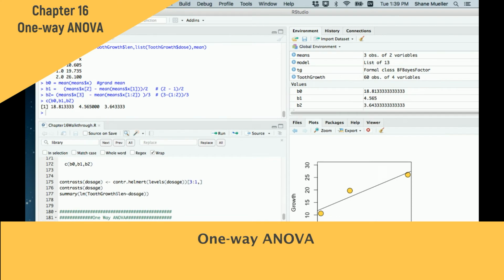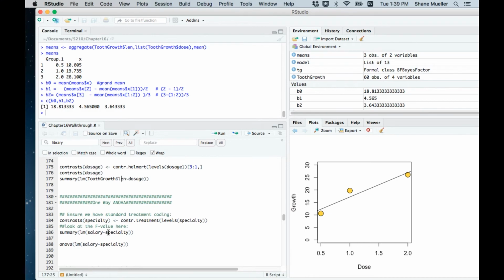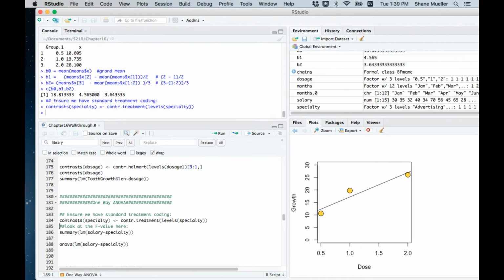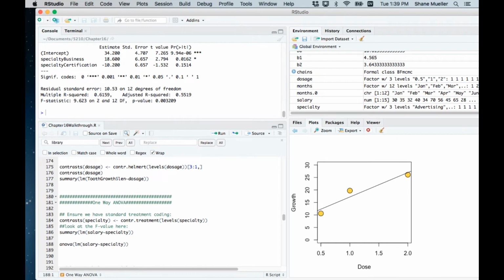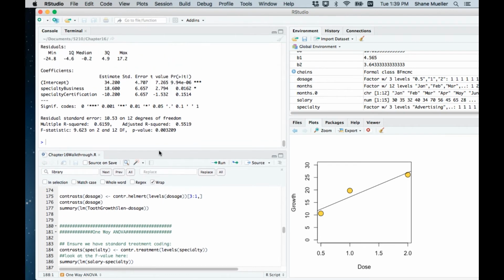So when I showed you before, we can do an LM of something. We'll reset specialty to its treatment coding, and if we look at the summary of the LM, we can see, interpreting this, it says that advertising is different from 0 at 32. Business is different from advertising, but specialty is not different from advertising.